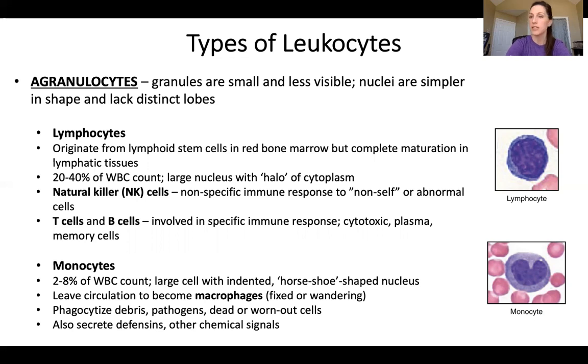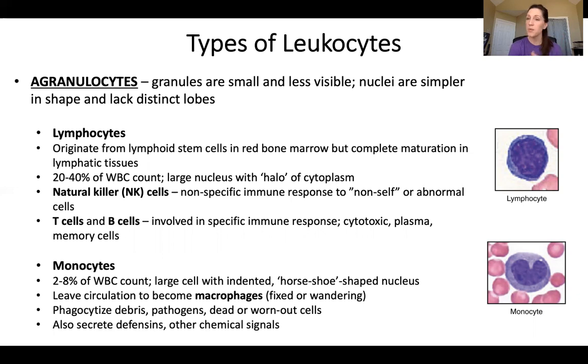Cells that are infected with a virus are going to look weird. Cells that are cancerous are going to look weird. So the NK cells, natural killer cells, their whole job is just to go around and get rid of those abnormal or foreign looking bodies. So they're part of your non-specific innate immune system. And again, when we get to that chapter, we're going to spend more time talking about the roles of these cells. But this is just a nice introduction to that particular type of lymphocyte.